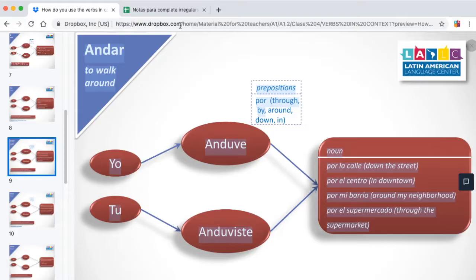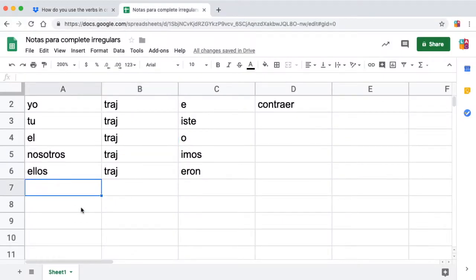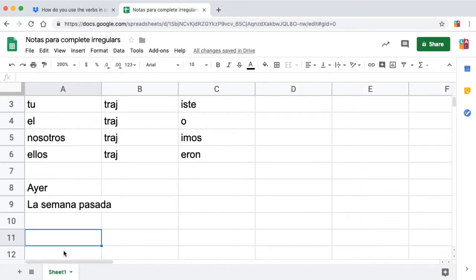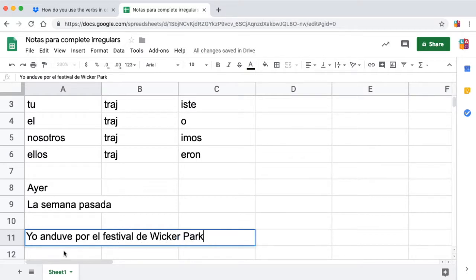So when you have my notes here, when you do an example, you remember adding ayer, right? We already talked about this la semana pasada, last week or something. You can say, for example, yo anduve por el festival de, I don't know, Wicker Park el fin de semana pasado.